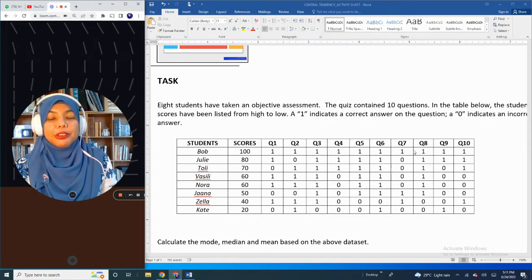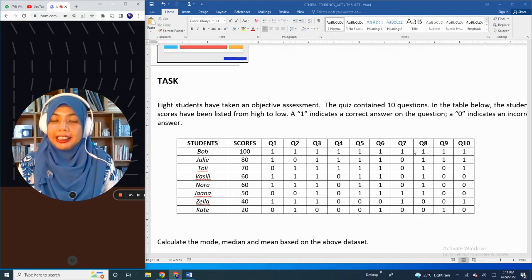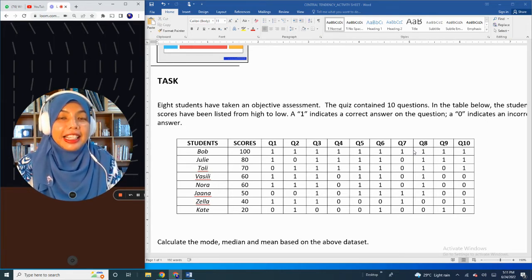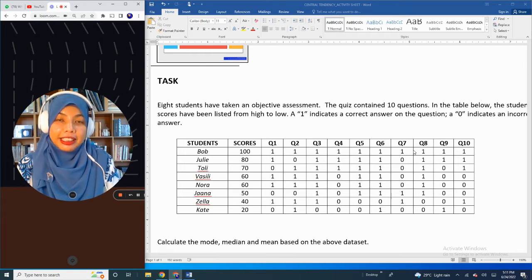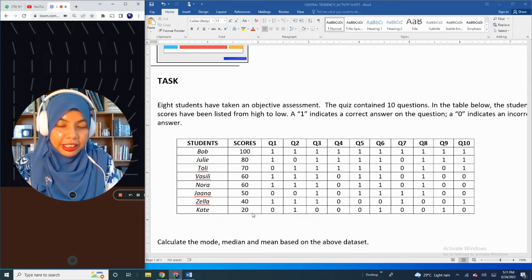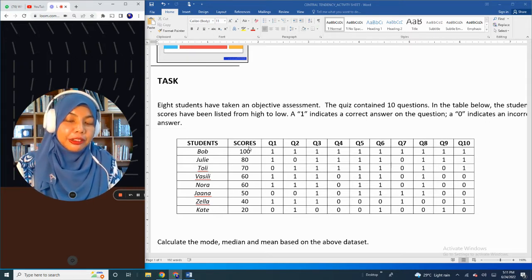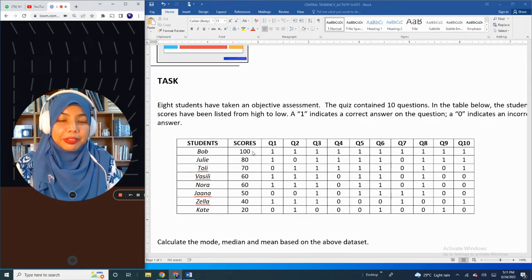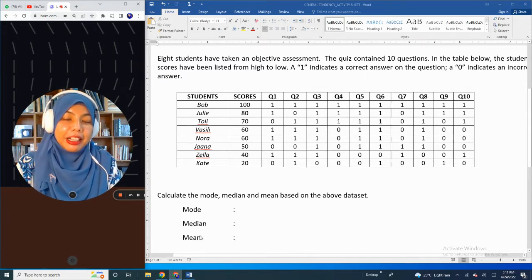All right, so given this data set, how do we go about calculating the measures of central tendency? It's quite easy. What you have to look at in this data set are the scores. This is the focus when you are calculating your three measures.